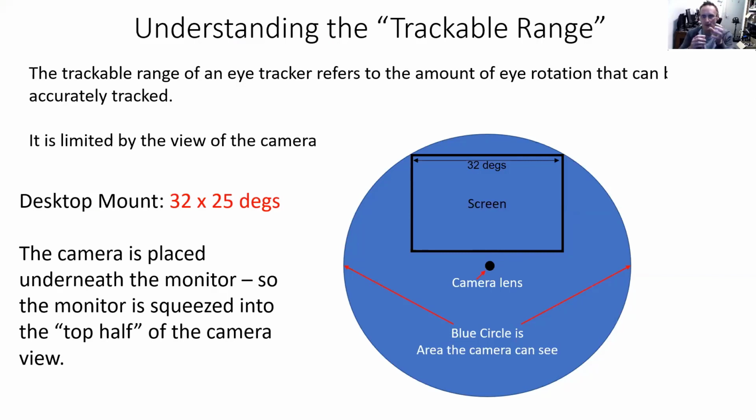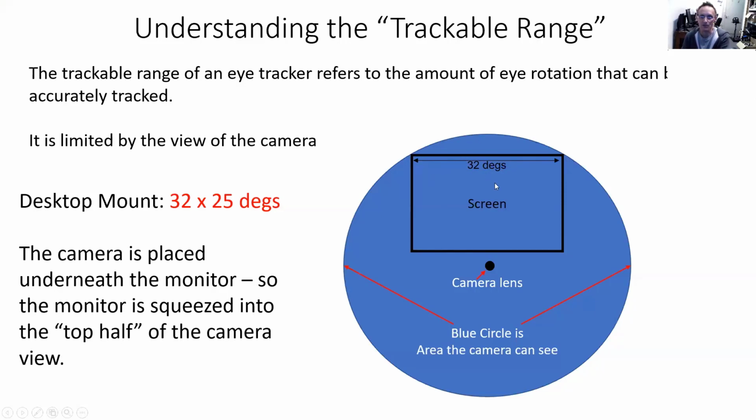Basically what happens if you rotate your eye too far is the corneal reflection falls off the cornea. So with a desktop mounted system like this, what we're trying to do is fit a screen within the top of this circle. And that means the screen's going to have a relatively restricted angle that you can track across.